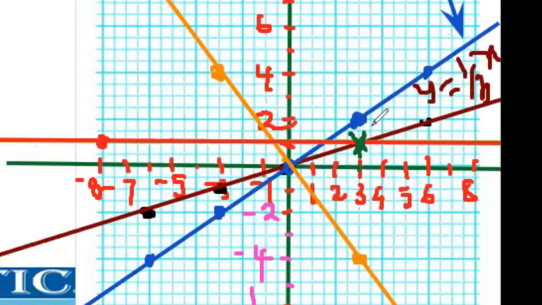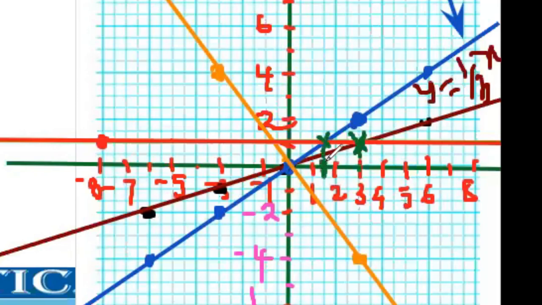The next equation is 3y equals 2x. 3y equals 2x is my blue line. So the blue line intersects my y equals 1 line exactly here, right? You just connect it down to the x-axis, it will come and connect here. It's a little bit small, so I hope you can see.